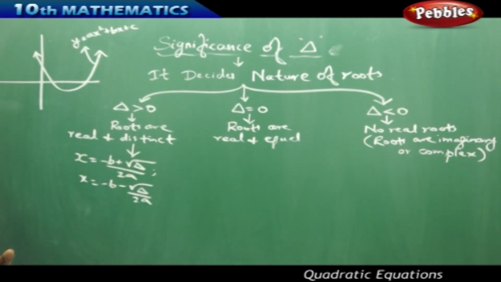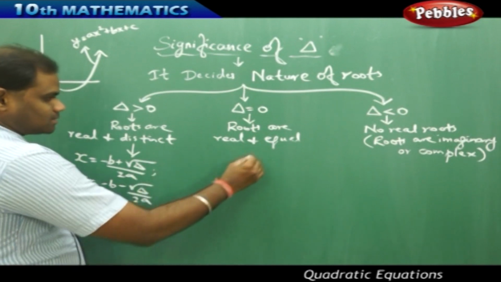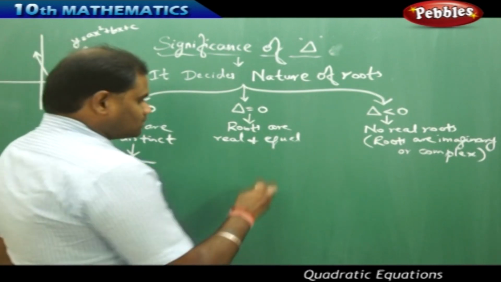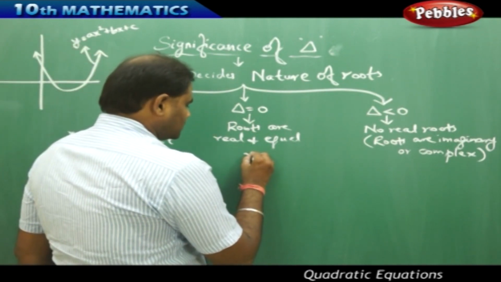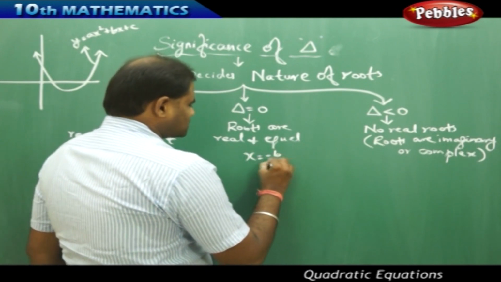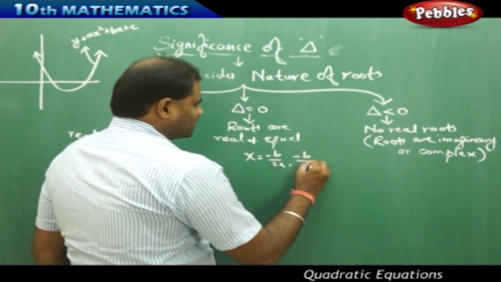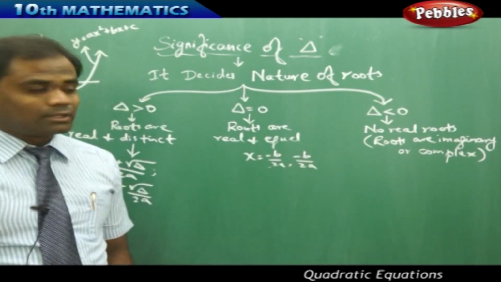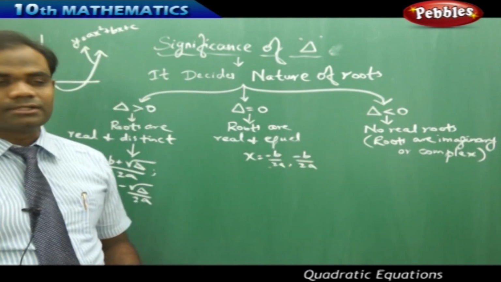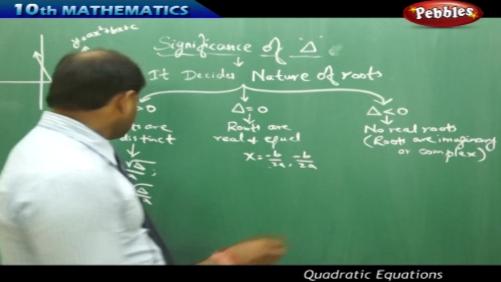When the roots are real and equal, the roots are minus b by 2a and minus b by 2a. The two roots are equal and repeated, given by this formula.